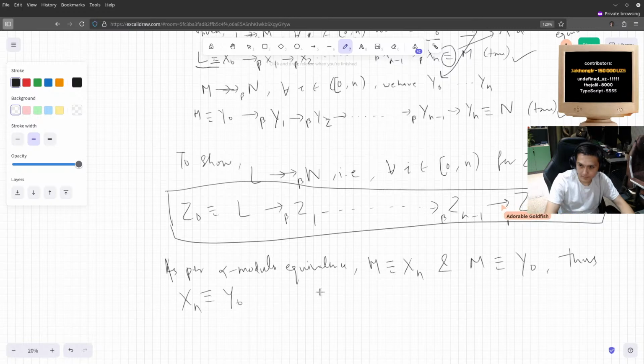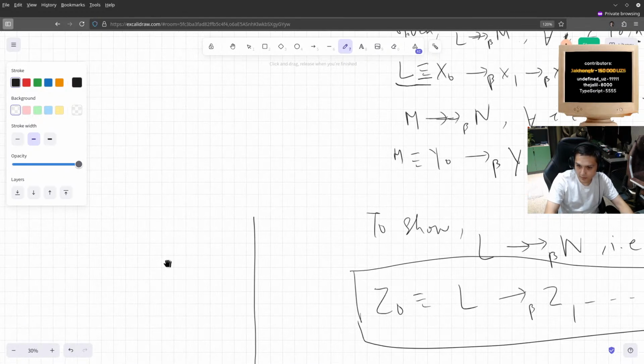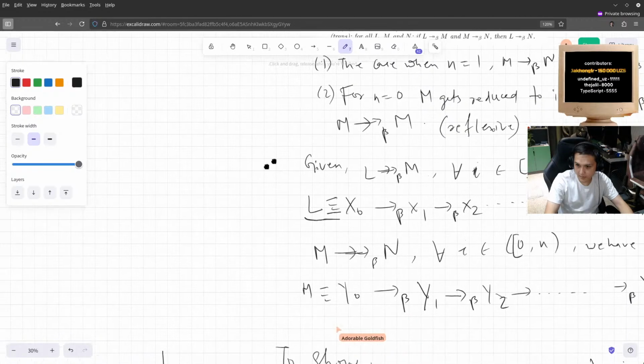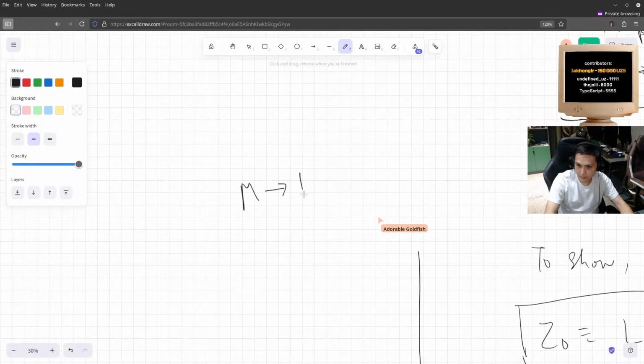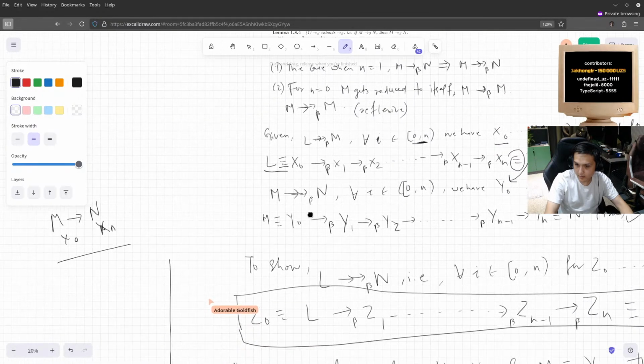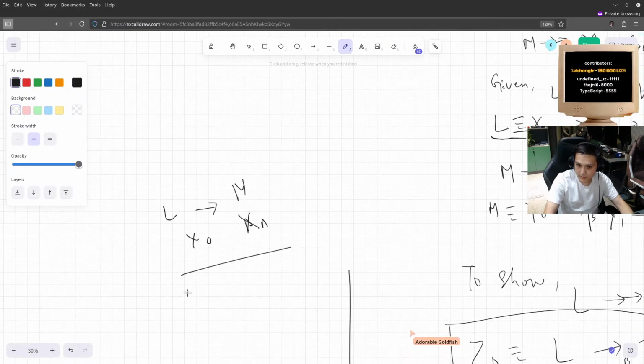First we have L to M, which is x0 to xn, and then we have M to N, which is y0 to yn.